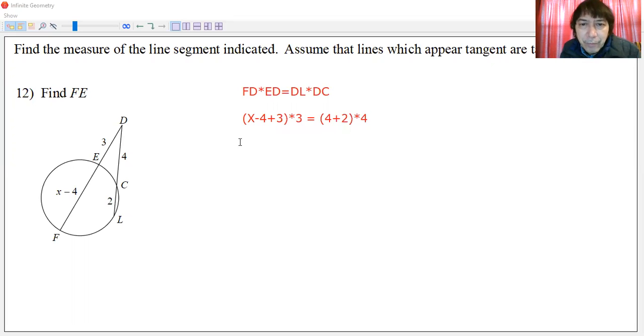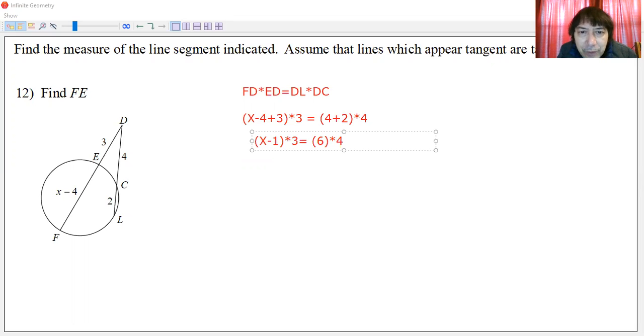So we shall simplify first. What do we have here? X minus 4 plus 3 becomes x minus 1. So this will become x minus 1 times the 3. The right side will be 6 times the 4. Like that.